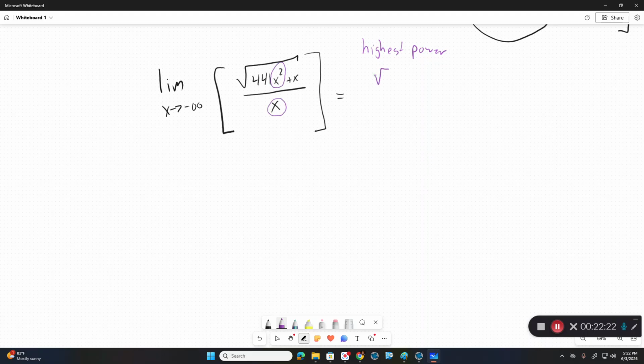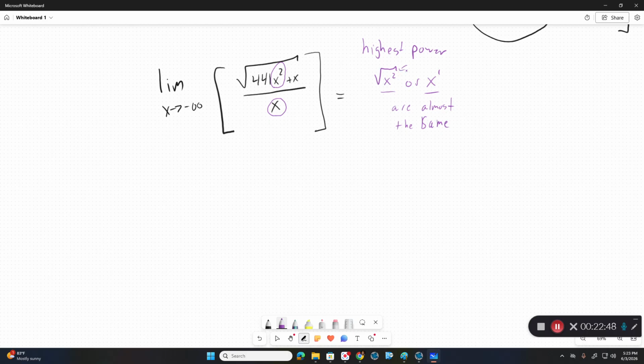Notice the term on top is something, the square root of x squared, and the term on bottom is just x to the 1. These two things are almost the same. In fact, there's really only one big difference. It has to do with the sign.